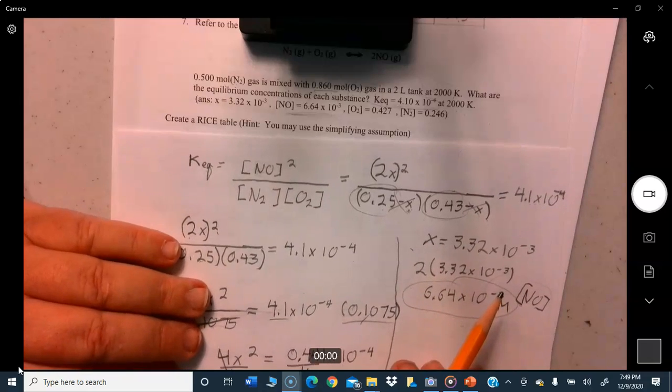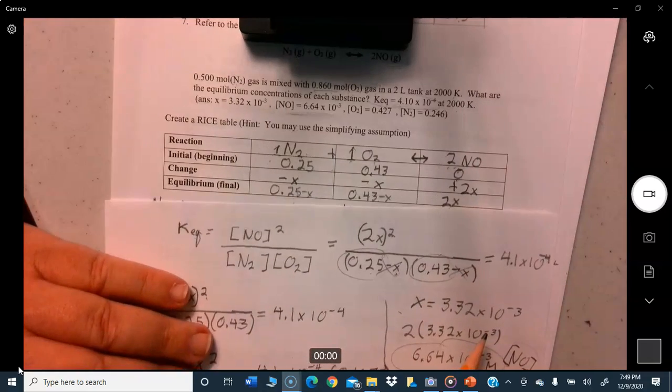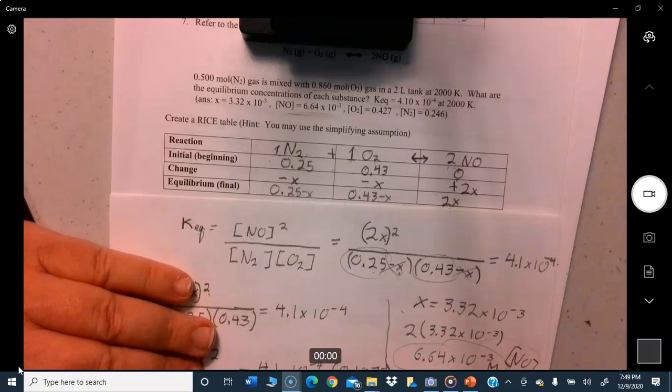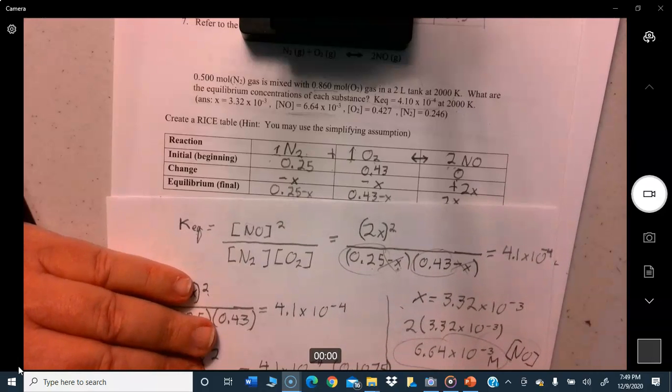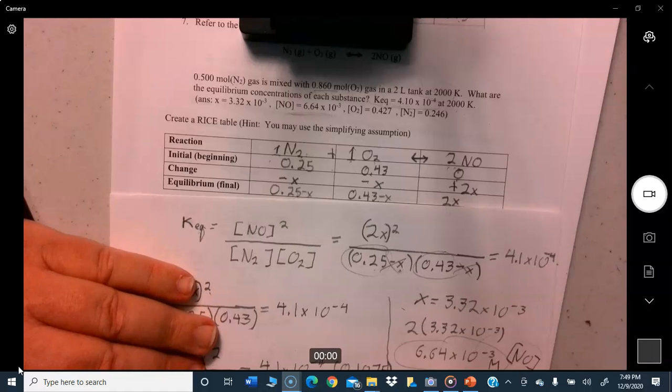All right, let's keep going here. So the next one is for O2, I'll write that over here since I did NO over there. So that's going to be 0.43, and it's going to be minus this.